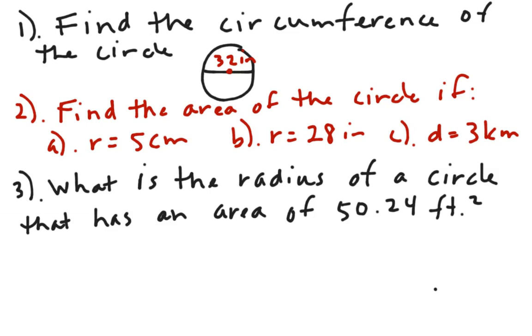Find the area of a circle if the radius is 5 centimeters, or the radius is 28 inches, or the diameter is 3 kilometers. And then the last problem, you need to find the radius of a circle when you're given the area. So the area is 50.24 feet. You need to work the formula backwards to find the radius. And then you do your summary, and I will see you in the morning.